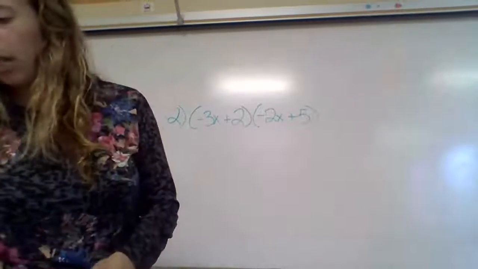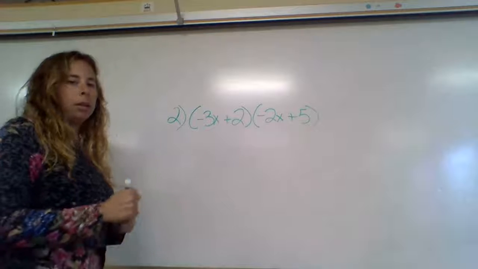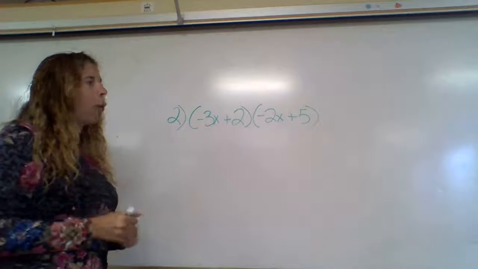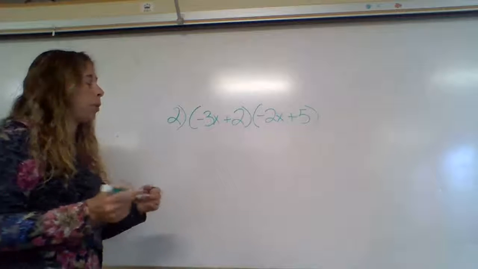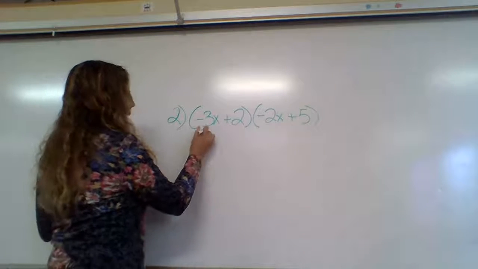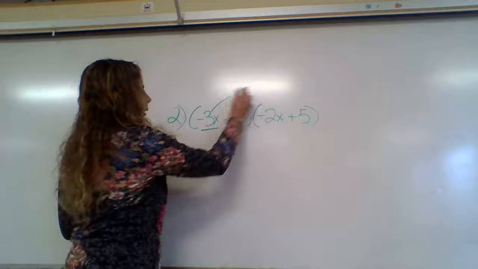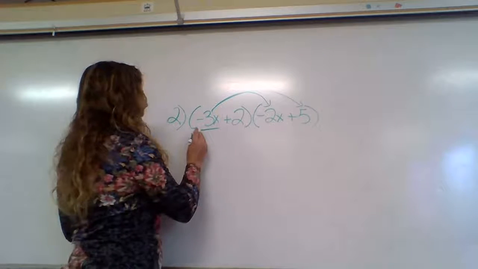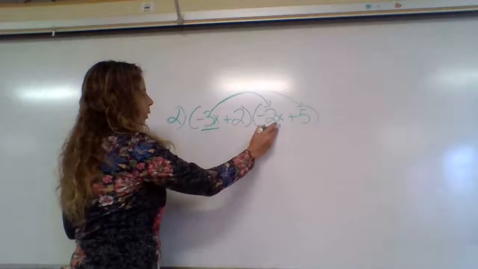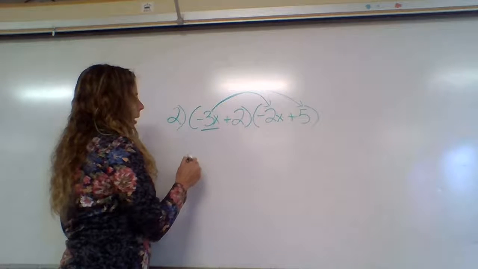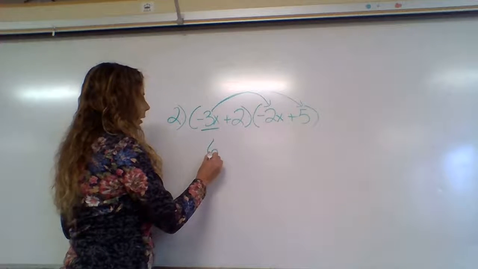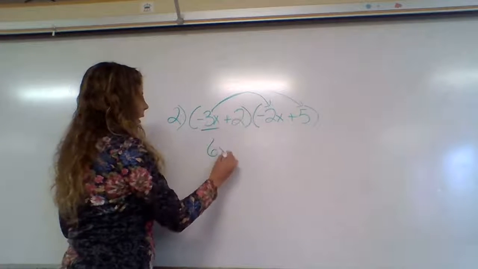Okie dokie, here's number 2. This one, there's no number in front, so you don't have to distribute. You're just going to FOIL, which is our 2-part distribution. I'm going to start with my negative 3x. Negative 3x times negative 2x. Negative 3 times negative 2 is positive 6. X times x is x squared.